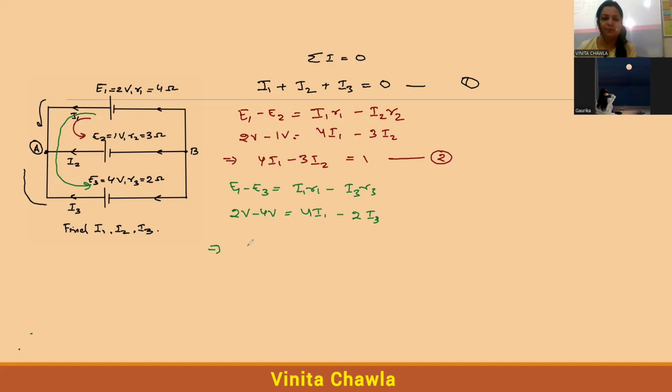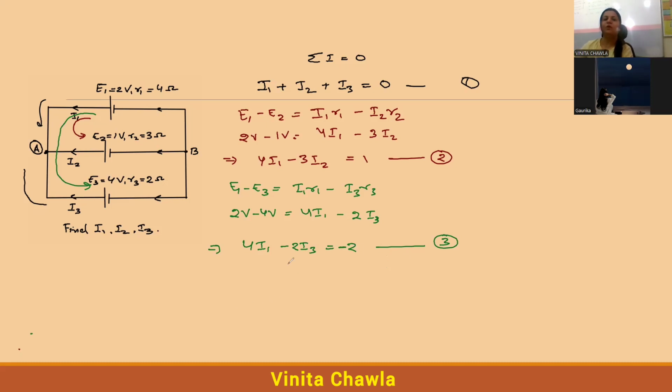So we're getting 4 I1 minus 2 I3 is equal to 2. Let this equation be 3. E1 minus E3 we have done. It's 2 minus 4, 2 minus 4 is minus 2.